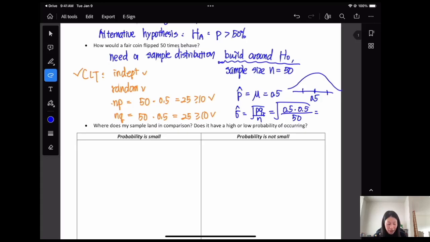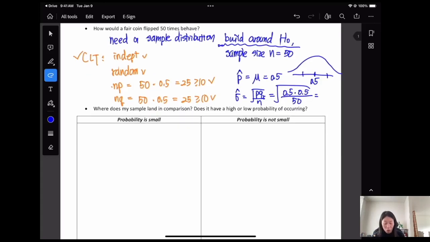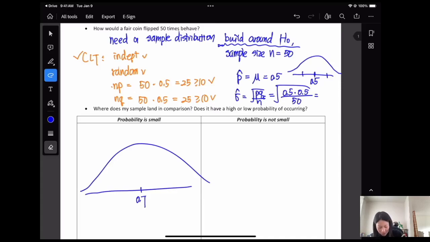Does it have a high or low probability of occurring? When we say the probability is small, it means the p-value is small. So in the normal distribution graph, you have 0.5, that's the null hypothesis, and what we get is 0.75.